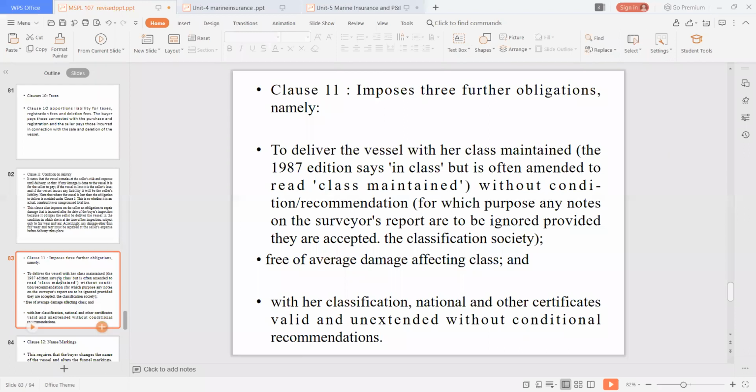For this purpose, any notes on the survey report are to be ignored, provided they are accepted by the classification society. Next, free of average damage affecting class, and with the classification, national and other certificates valid and unextended without conditional recommendations. So in clause 11, 3 further obligations, right, has been amended.